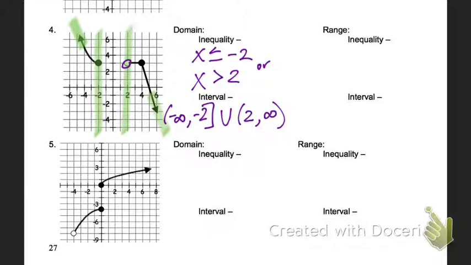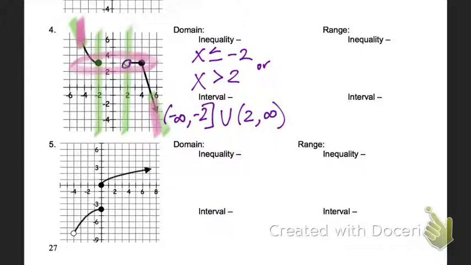Yes. So for range, I'm gonna take my different color highlighter. I'm gonna read it from bottom to top. Well, this is going all the way down to negative infinity. Keeps going up, goes all the way up to positive infinity. It does not stop here because I have at least one closed circle.